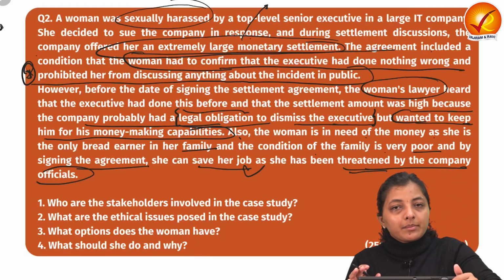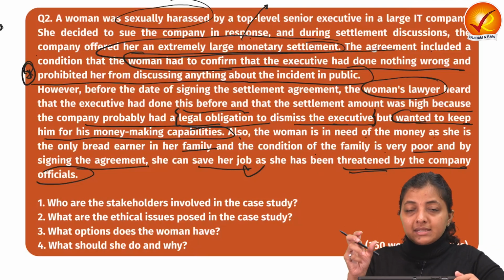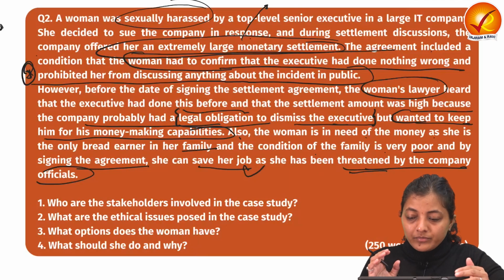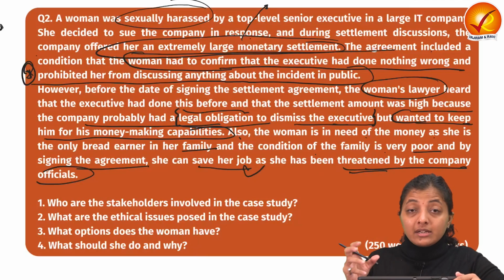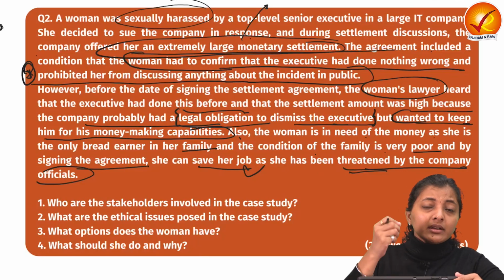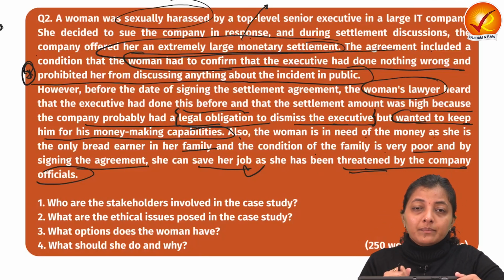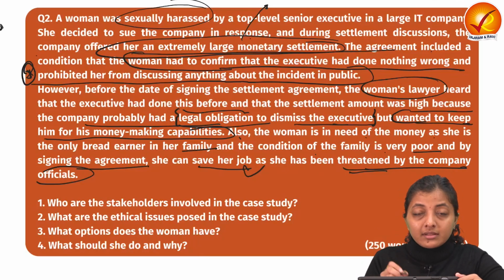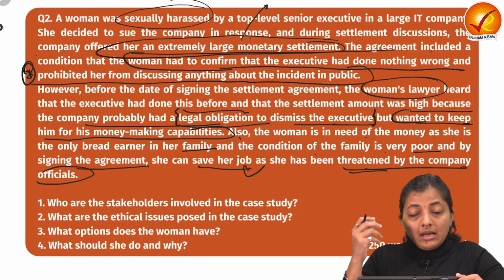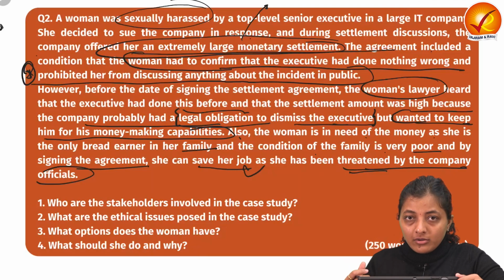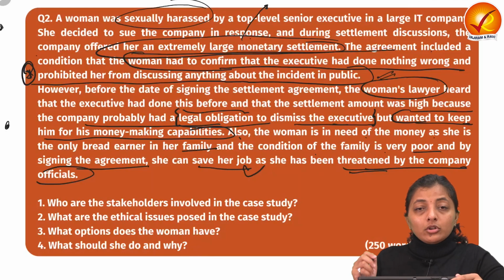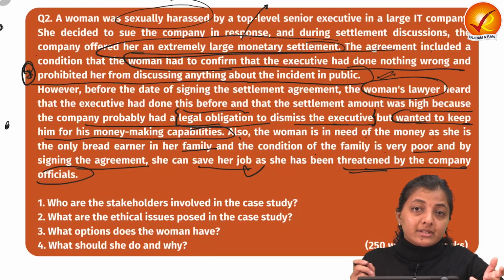So the case study is about an executive and a woman; that executive has sexually harassed that particular woman. Now the company knows about this incident and tries to cover it up by giving huge settlement money, and they are asking the woman to sign an agreement in which she has to agree that the executive has done nothing wrong, and also she cannot discuss this matter in public, and also she cannot report to the legal authorities in the future as well.